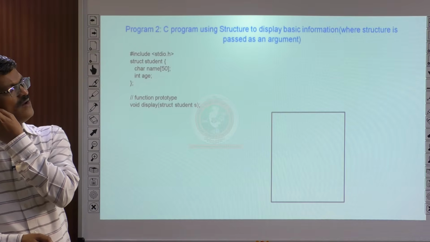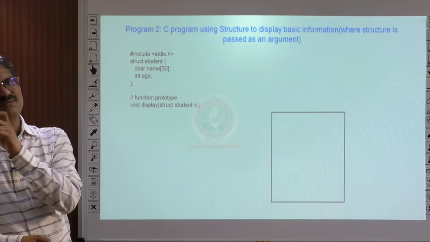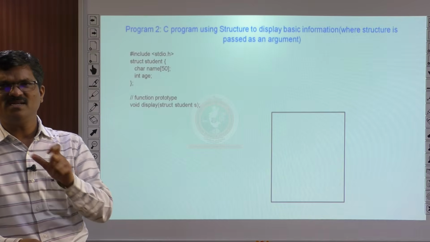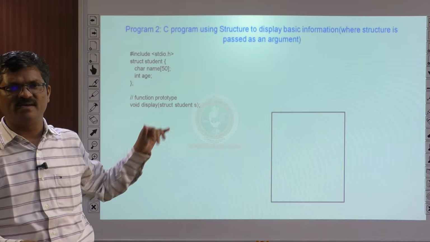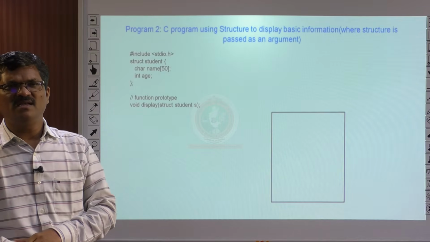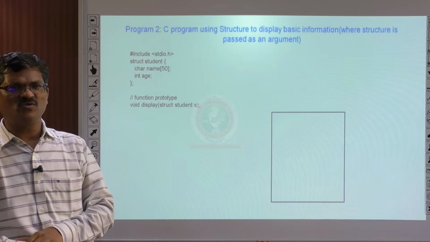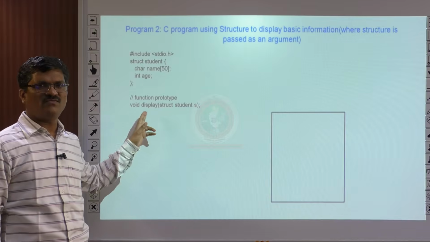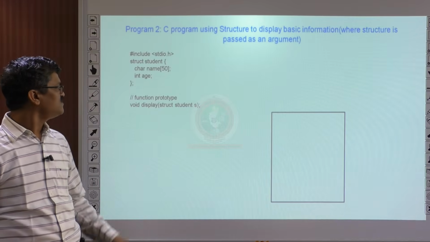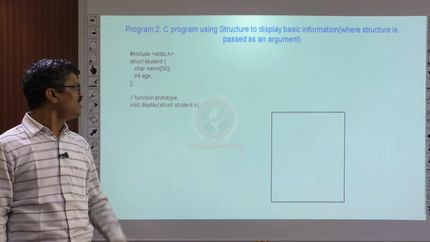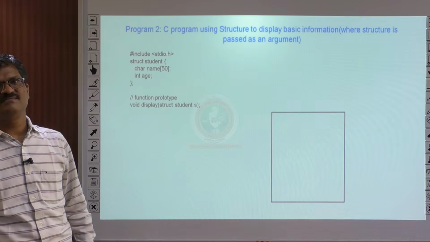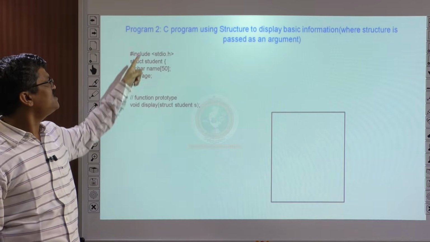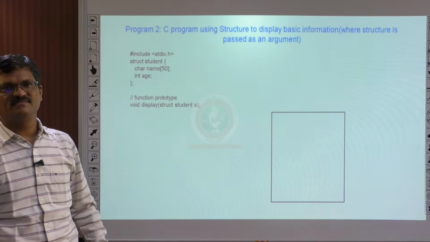And then I am writing a separate function for displaying the information of a student. For that reason, I am declaring it globally by declaring a function prototype called display, which does not return anything, void display. And here is the argument of this function, argument s, which is of type struct student, which is defined over here.